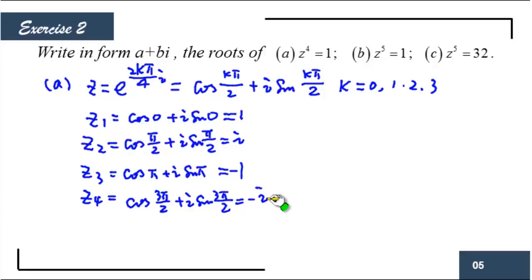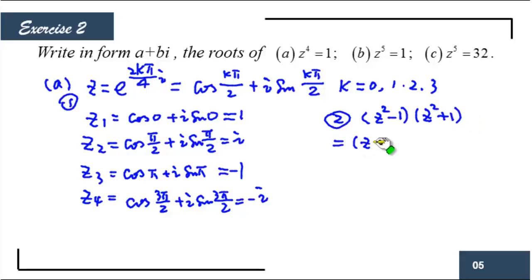But for this problem, we could choose another strategy, factorization, because 4 is too special. z squared minus 1 times z squared plus 1. That is z plus 1, z minus 1, times z plus i, z minus i.